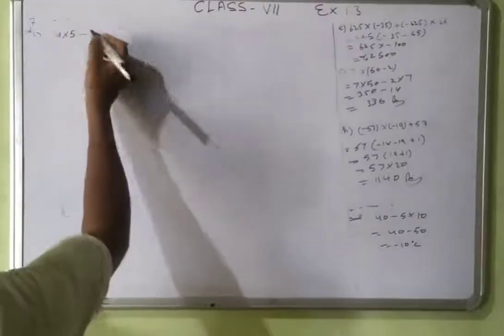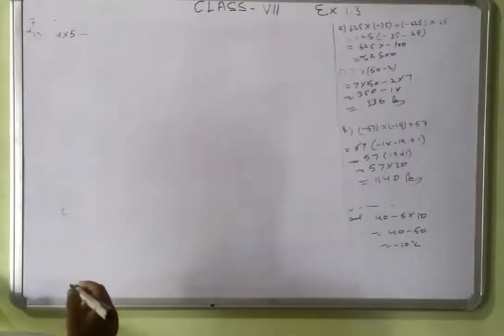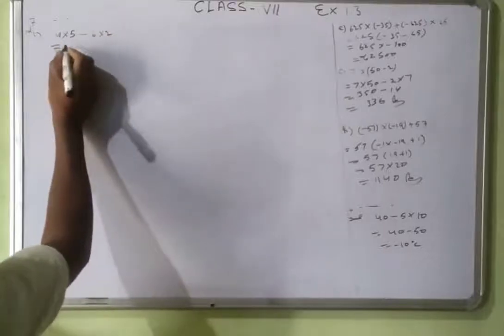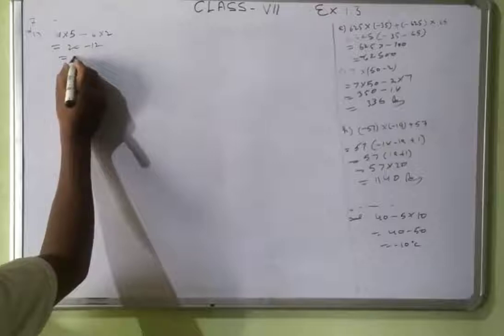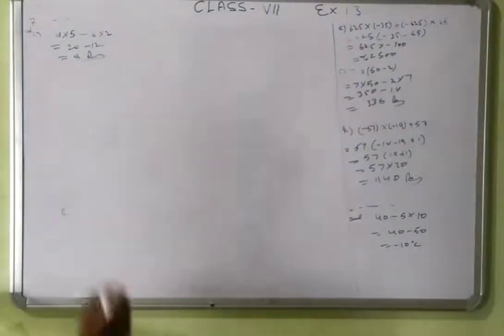And then minus, because deducting marks, and then 6 questions incorrect. So this will be 4 fives is 20 minus 12 is equal to 8.